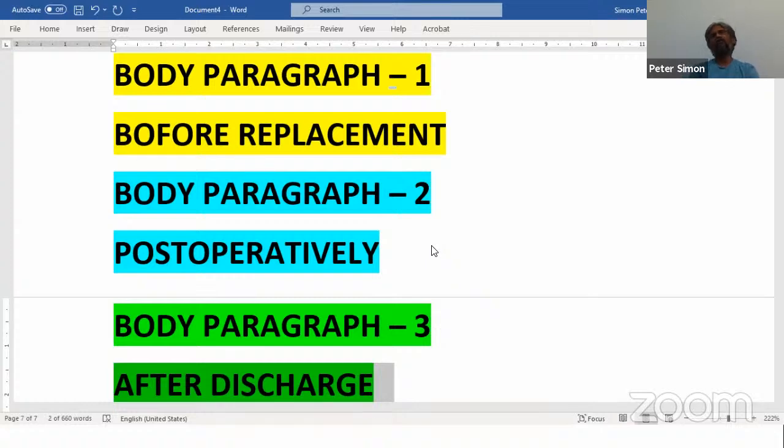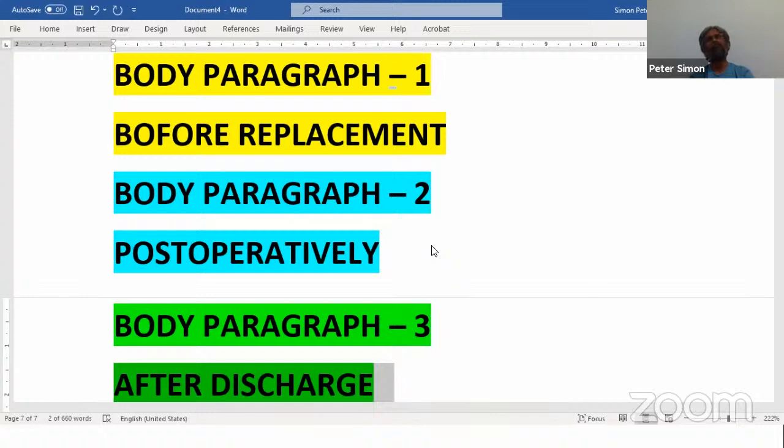Education regarding nutrition or diet may be there. So all these things, what happens after that? And how was the development? How was the progress? Is it improving or not? So you have to write about that.